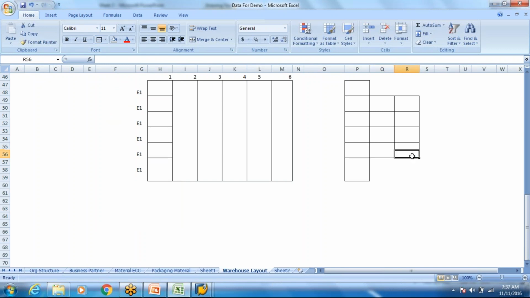Or maybe you can make only two. Let's say we keep it three only, for proper weight distribution.